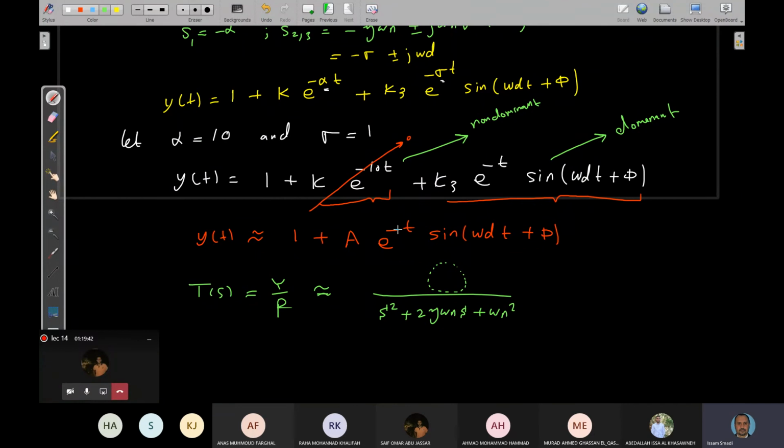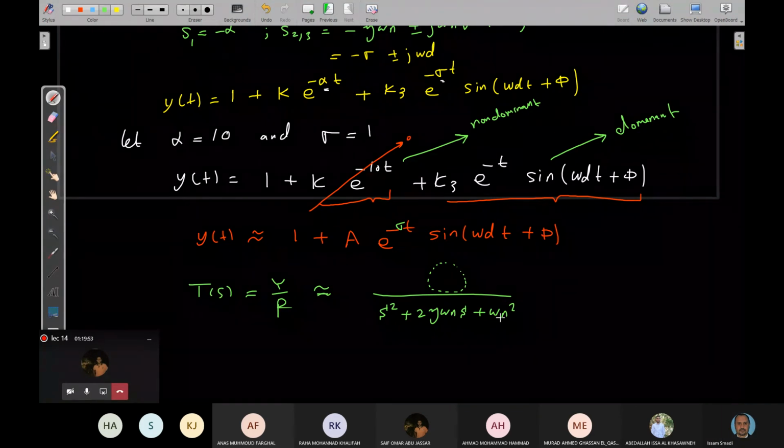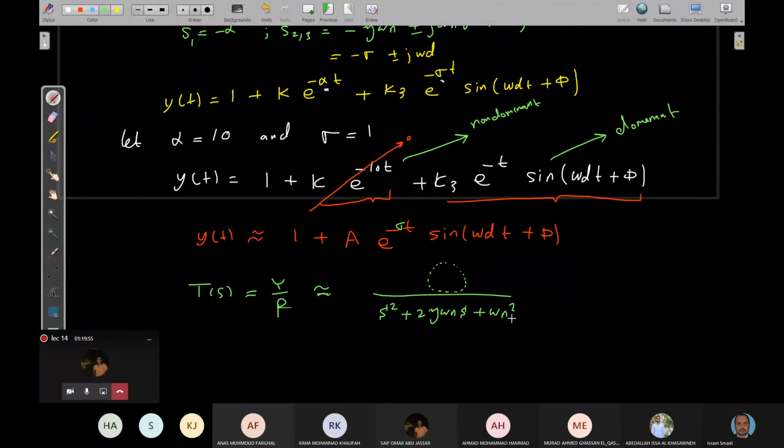This one is sigma because it's characterized by the second order system. هسا بتصير هي كالتالي WN تربيع على S تربيع زائد 2 زيتا WN S زائد WN تربيع.